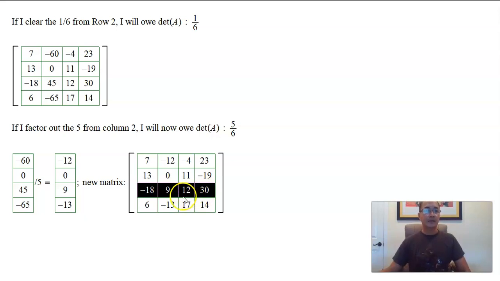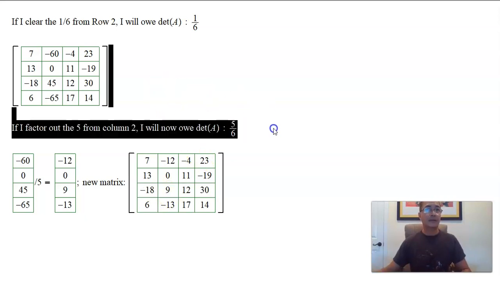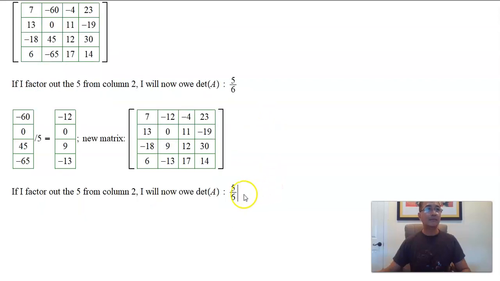Check that out. So I have a common factor of 3. Okay, common factor of 3 in row 3. All right, so let's copy this. If I factor out the 3 from row 3, I will now owe determinant of A 5/6 times 3, or of course that is simply 5 over 2.